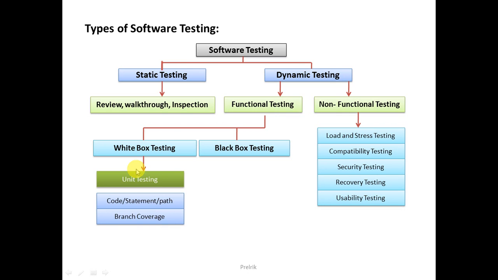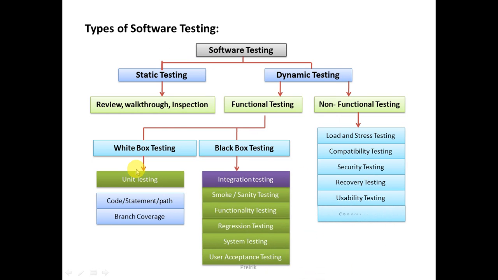Okay, and now a tester majorly performs either black box testing or non-functional testing. What black box testing covers is integration testing. Integration testing is something you perform when you integrate two different units of code which have already passed unit testing. If you integrate two or more units, then integration testing will be performed, like what the requirements are for flowing data from one unit to another unit.